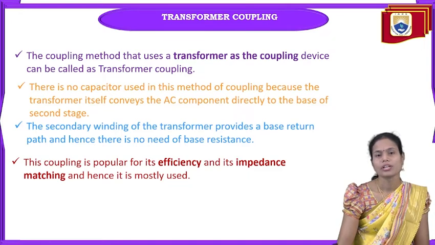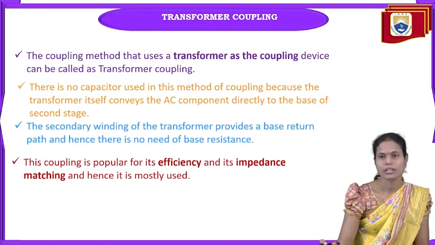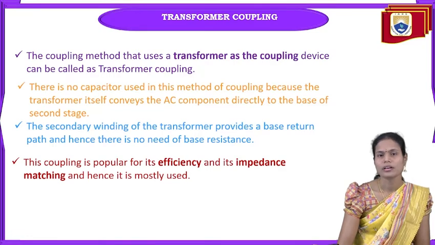If we use it, we can provide impedance matching between two stages, and the overall efficiency of the system is also increasing. Because of these reasons, in most cases we prefer the transformer coupling. And instead of utilizing two components, by using a single element, a single transformer, we can interconnect multiple stages to make the multi-stage amplifier here.